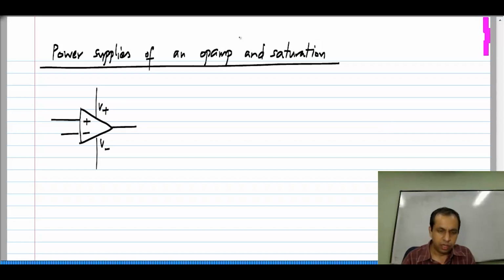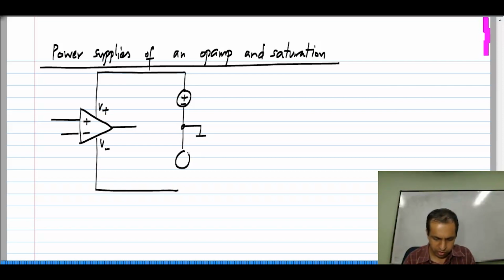And you connect some power supplies to it. A typical scenario is to use 2 separate voltages, VDD and VSS, to supply a positive voltage to the V plus terminal with respect to ground and a negative voltage to the V minus terminal with respect to ground.